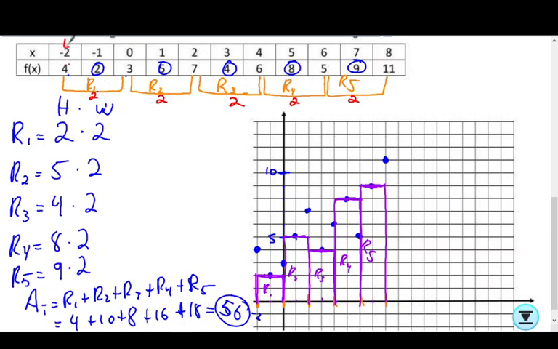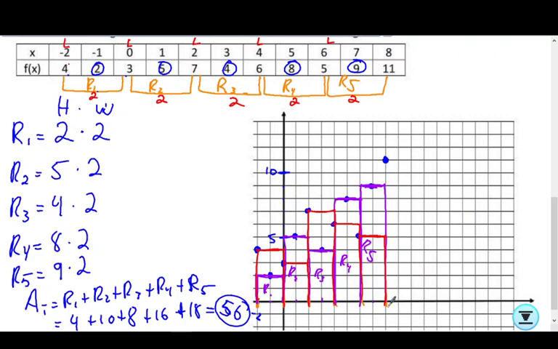So if I was using LRAM, I would have used 4, and then 3, and then 7, and then 6, and 5 for my heights. Graphically, it would have looked like this. That one, and then this one here, and this one here like that, and this one here like that. And you can see it gives me a very different set of rectangles.